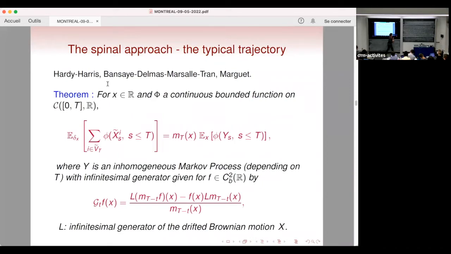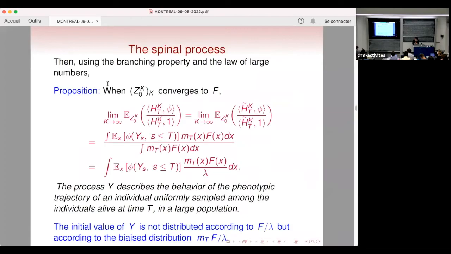And we can prove that for the numerator and for the denominator of the expression. We are in the branching framework, so all the trajectories are independent, and we can apply a sort of law of large numbers. It is just a generalization of the law of large numbers: you have initial individuals and independent trajectories.